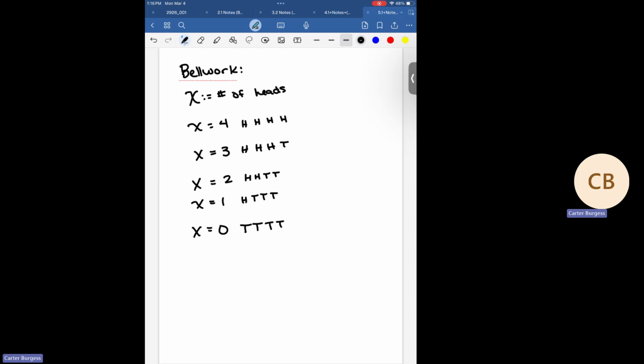Which sucks as a process. That's not very fun. Certainly something that we could do, but would not be a very fun kind of prospect.